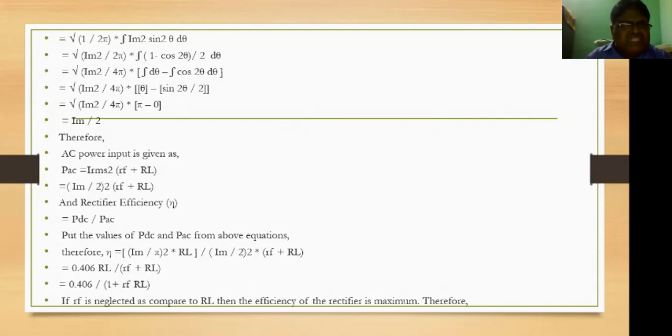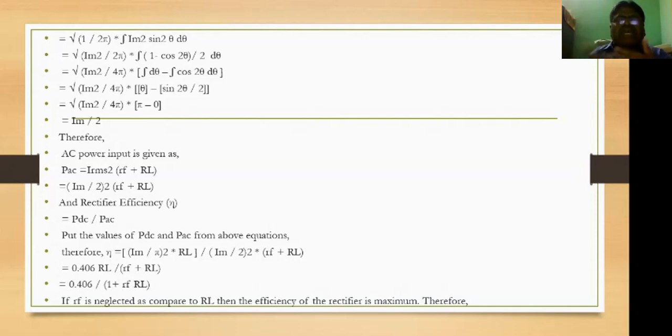And rectifier efficiency is represented with the letter eta. That is equal to PDC divided by PAC. Efficiency represented with the letter eta is equal to output power by input power, that is DC power divided by input AC power.